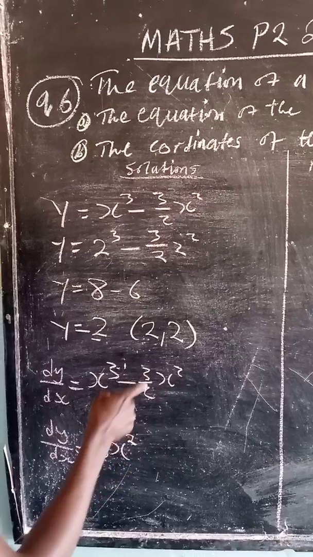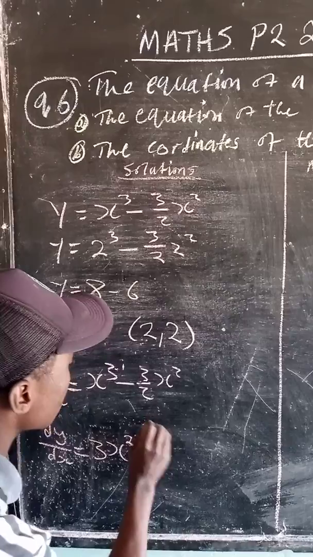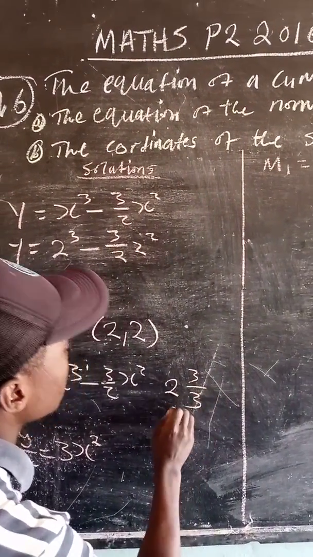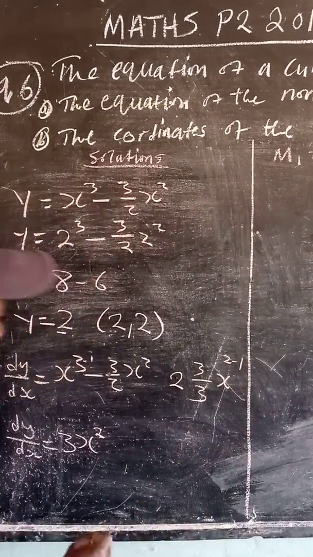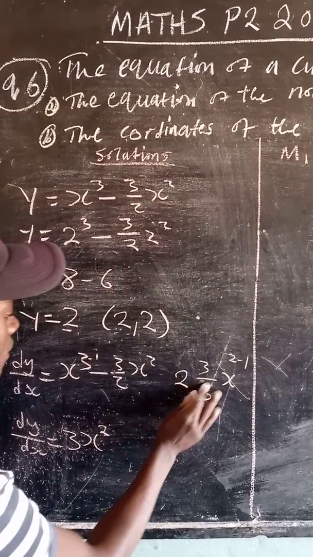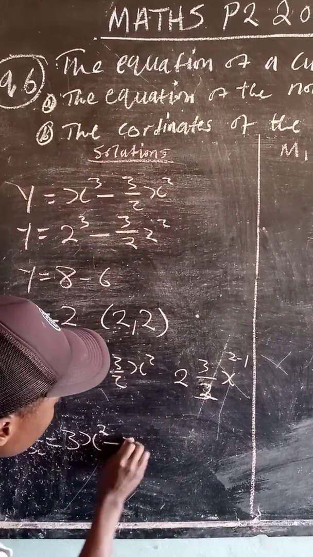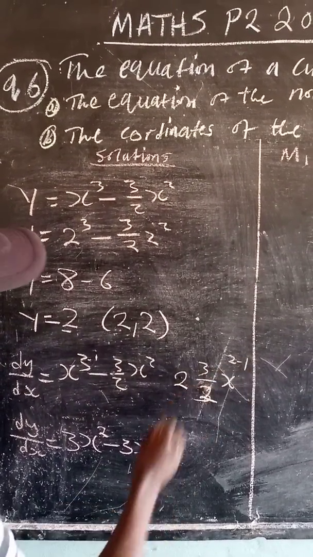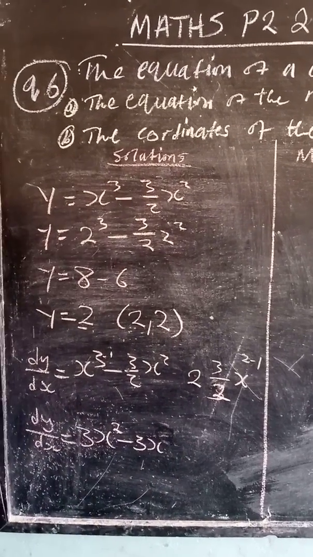Again here we do the same, 2 times the base, and then here we have 6. Then 6 divided by 2, it is 3. Therefore, we have 3x, 2 minus 1 is 1. So just leave it like this.